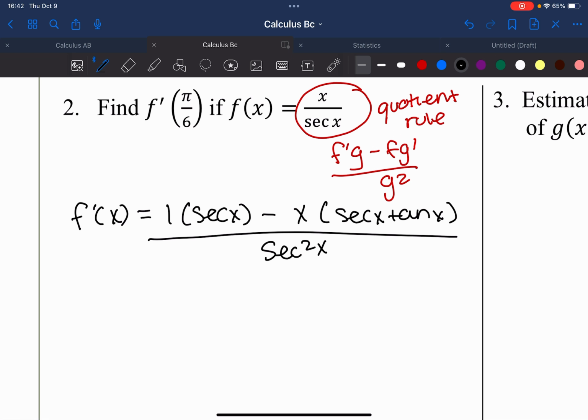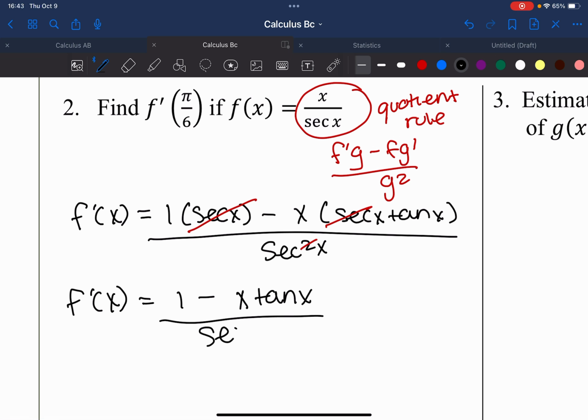Okay. Well, I can factor out a secant x from each of these, which means I am left with 1 minus x tangent x over secant x.